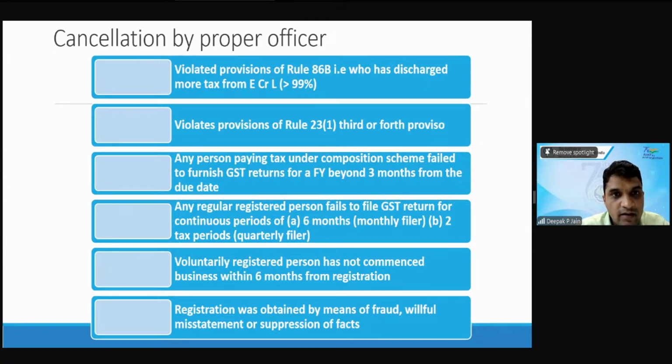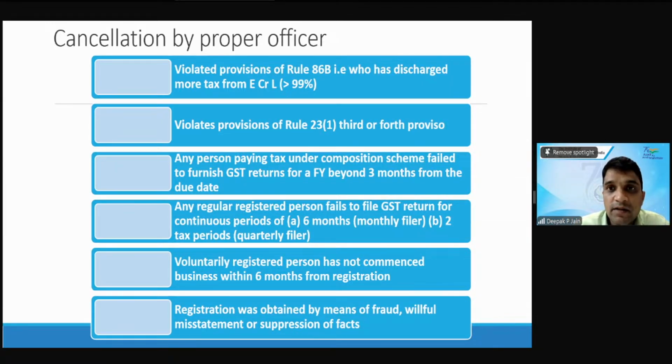First point in this slide, correct. So you are aware of this Rule 86B, right? If you're aware, only then will you understand this. So this is all interconnected. In our input tax credit, we had said that the ITC will be restricted. Generally, input tax credit means any credit which is available and you can utilize for payment of output tax.